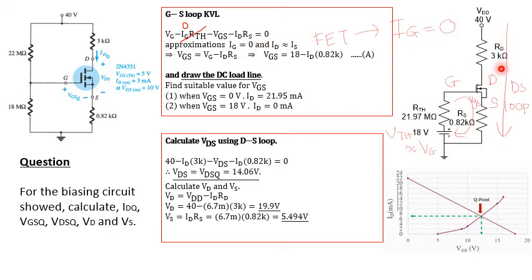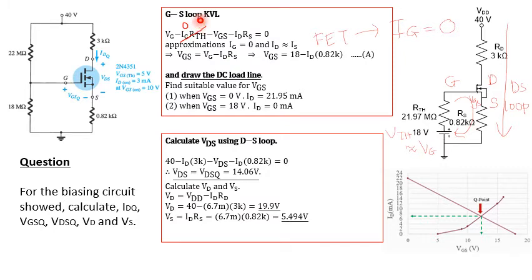Since this is the series circuit, why do we consider the ID, not the IS? Because this is the KVL, the series of the circuit. In a series circuit, the current of the ID and IS is the same. So now you insert VGS equal to VG minus ID RS.